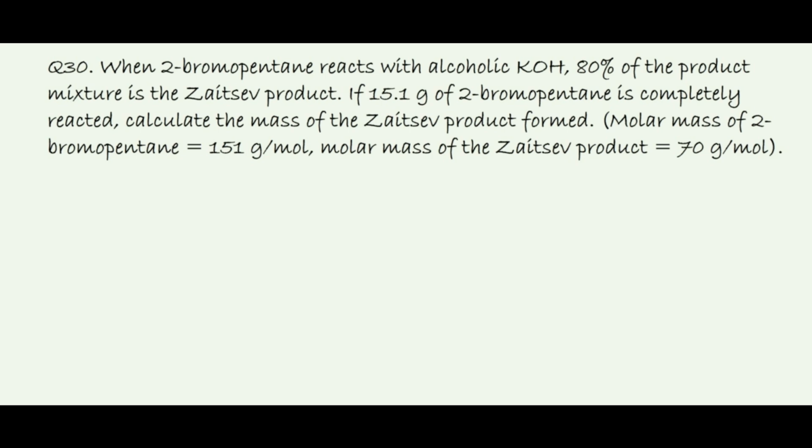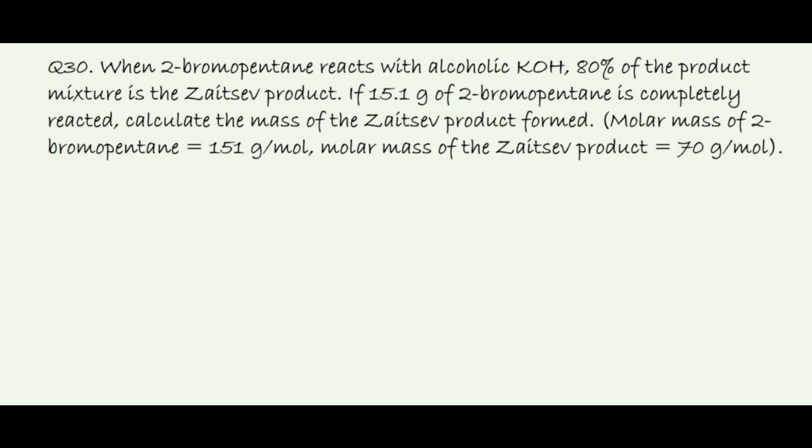Let's see this question, the last question. When 2-bromopentane reacts with alcoholic KOH, alcoholic KOH means elimination. 80% of the product mixture is the major product, which is the more substituted alkene. If 15.1 gram of 2-bromopentane is completely reacted, calculate the mass of the major product formed.